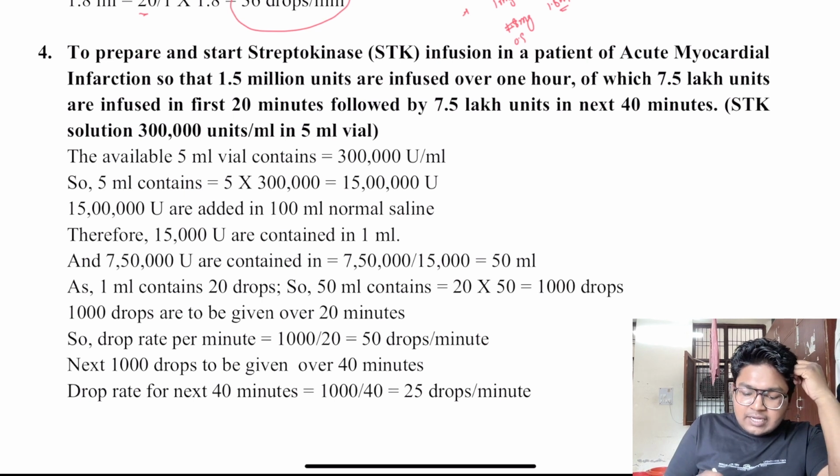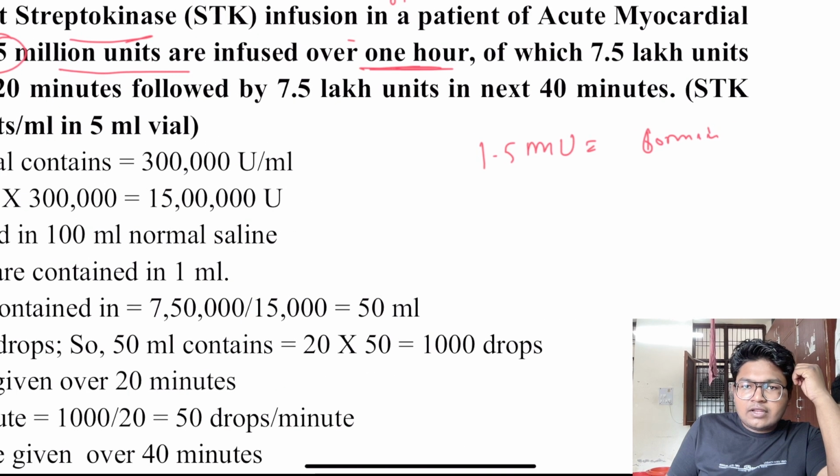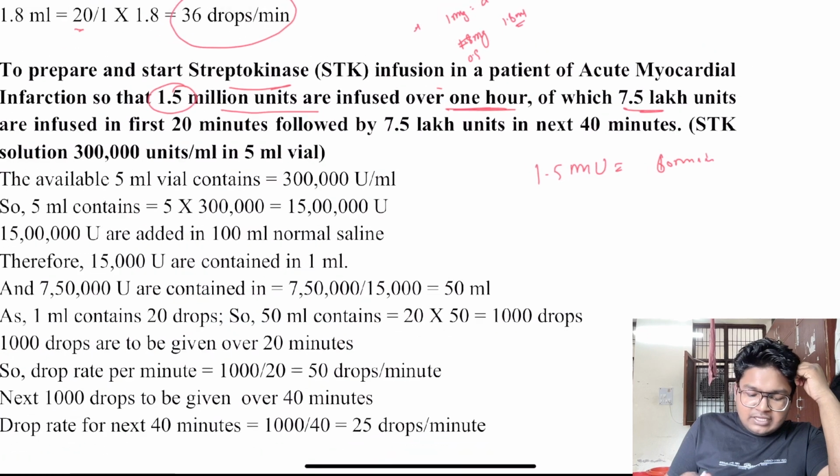We have to prepare a streptokinase infusion for a patient of MI. 1.5 million units to be infused in 1 hour. So I can write 1.5 million units in 60 minutes. 7.5 lakh should be in the first 20 minutes and 7.5 lakh in 40 minutes.